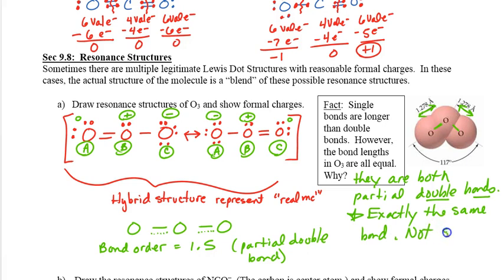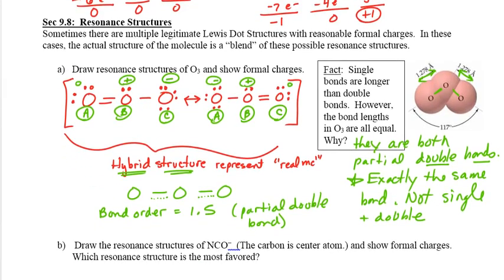Not a single and a double. Okay? It's not a single bond, it's not a double bond, it's exactly in between the two. Okay? So that's what resonance is, so you know, this structure doesn't really exist, this structure doesn't really exist. What exists is the equal blending of those two structures to give the real molecule, which we can call the hybrid structure there, which is a hybrid or a mix of the resonance structures.